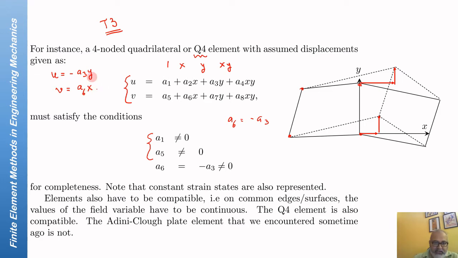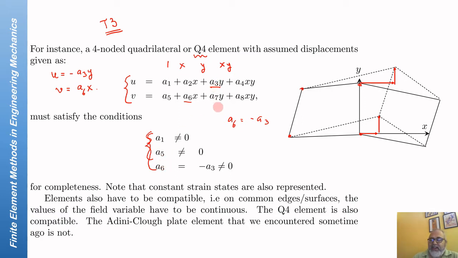So this would be the U and V due to a small rigid body rotation, and therefore this term and this term should be negative of each other. So these three conditions must be satisfied in order that you have the rigid body modes in place. So these cannot be violated.